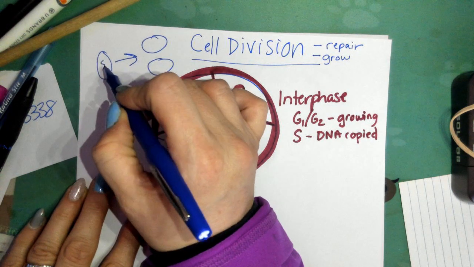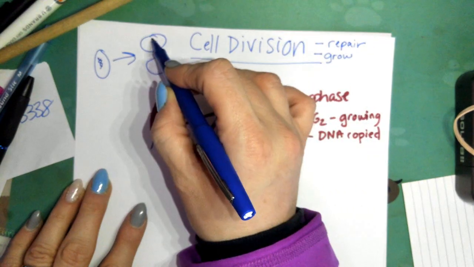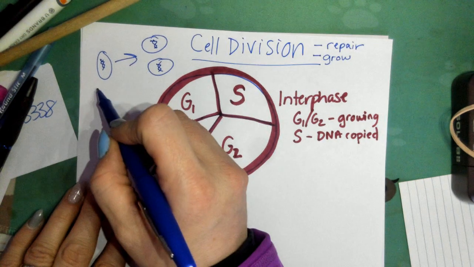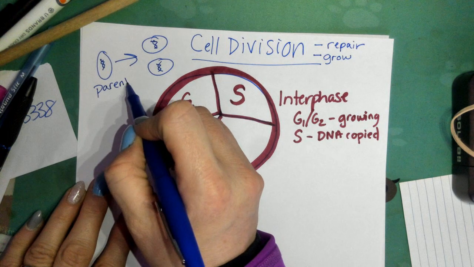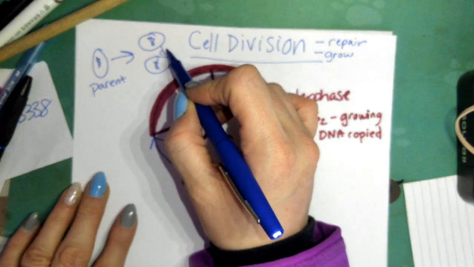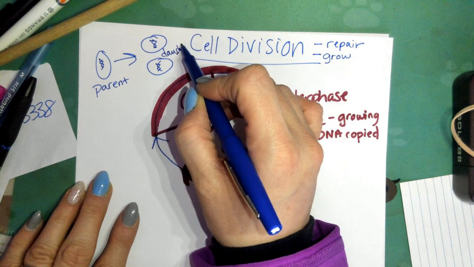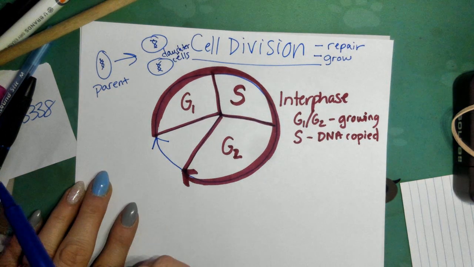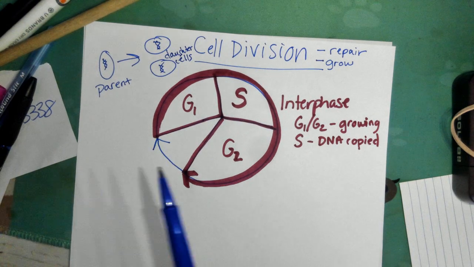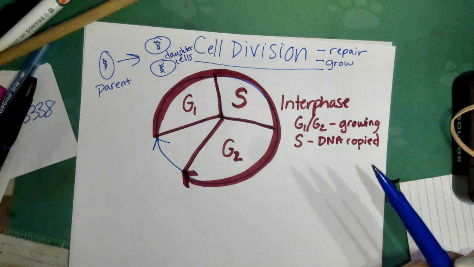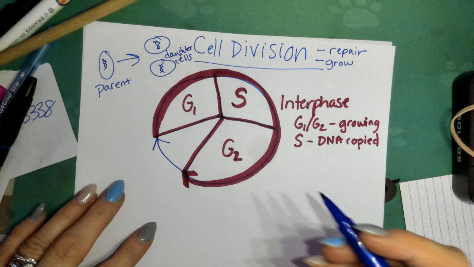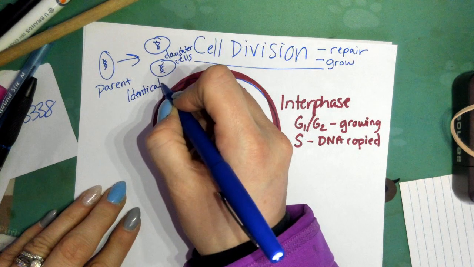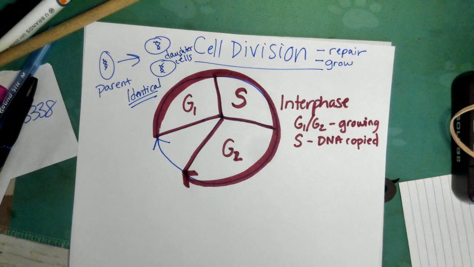So whatever DNA is in the original cell, we need all that DNA to be in those daughter cells, because the parent cell is going to be identical to the daughter cells. They're going to have exactly the same DNA. All the parts are going to be the same. Identical daughter cells. That is important to know.